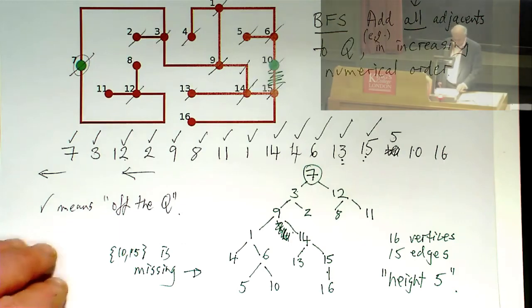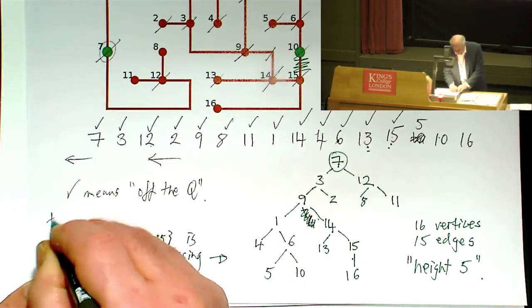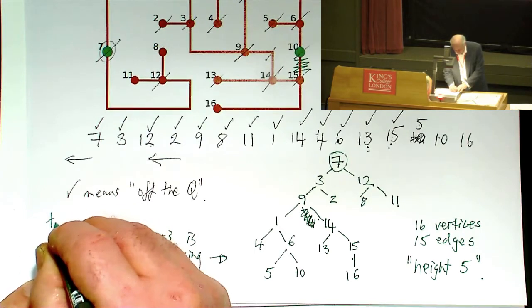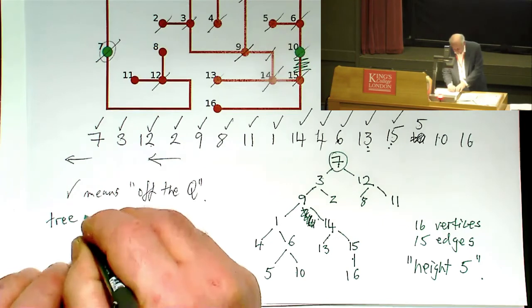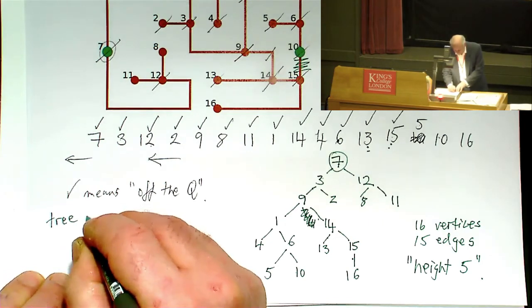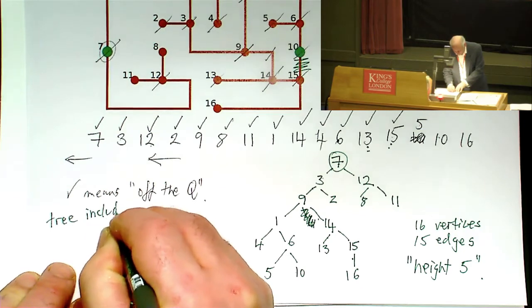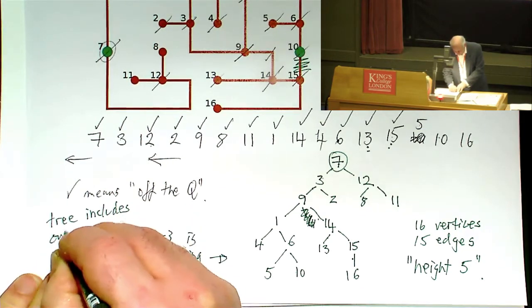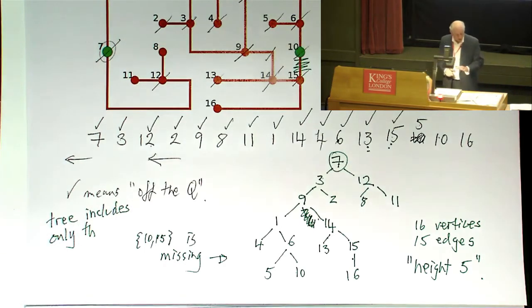Maybe I should just remind you that the tree, whether it be the depth first search or breadth first search, includes only those edges representing adjacent vertices used in the search. So if the graph is very complicated, very connected, you'll lose a lot of edges.